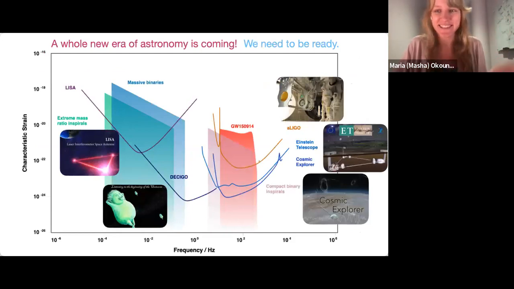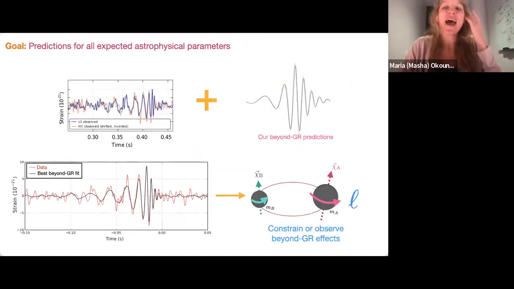And again, this is exciting because a whole new era of gravitational wave astronomy is coming. We're going to get higher signal to noise ratios, being able to find gravitational waves with more precision.